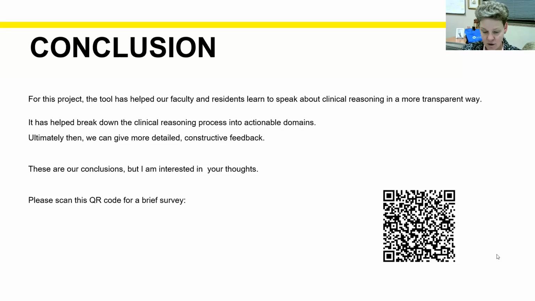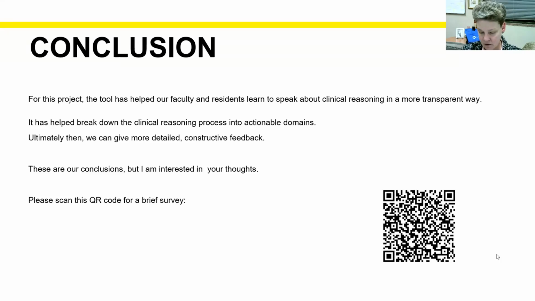And always framing the feedback to the learner as "I'm giving you feedback," which I think is always important, as is being prepared. I think using this tool allows for that preparation. And then also doing it as immediately as you can, and in a private area.